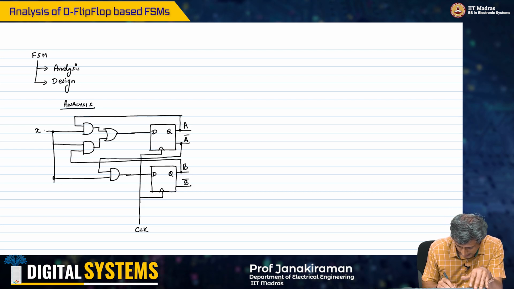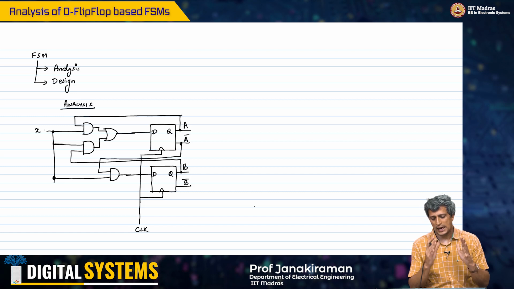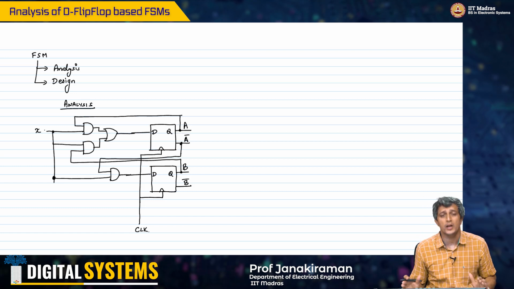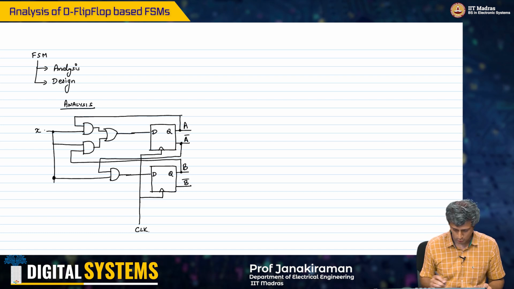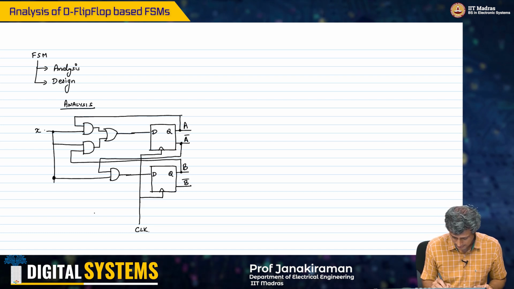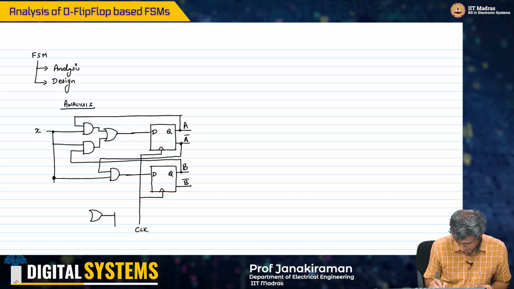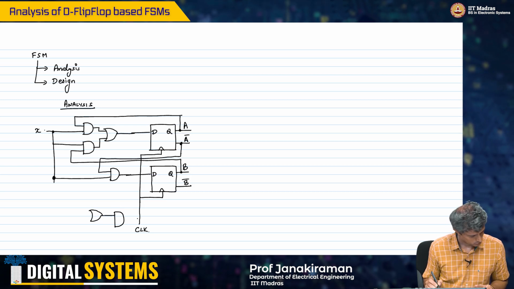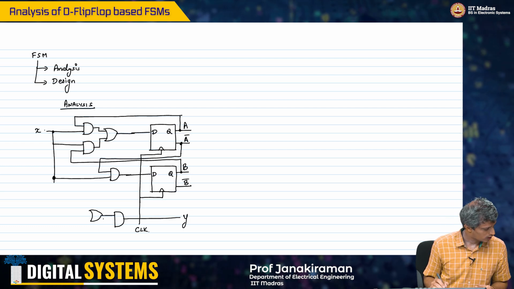And then I have my output circuit, right? So if you look at it, what I have drawn here is only combinational block 1. I have to still draw combinational block 2, which basically is going to appear like this, right? And I have Y as my output.